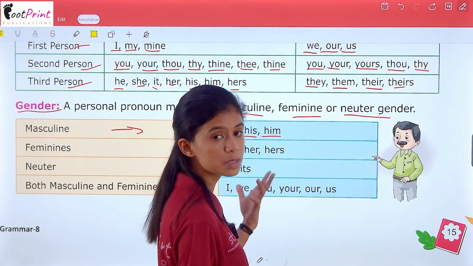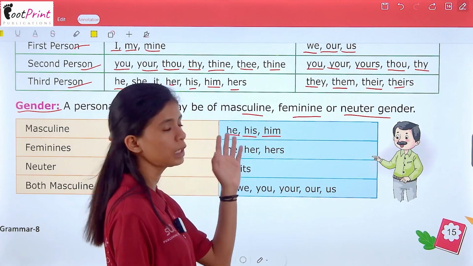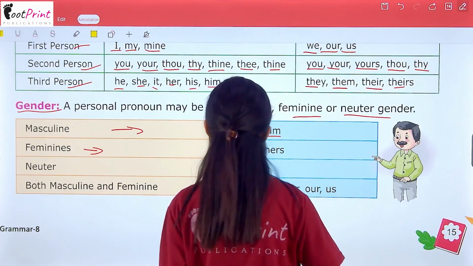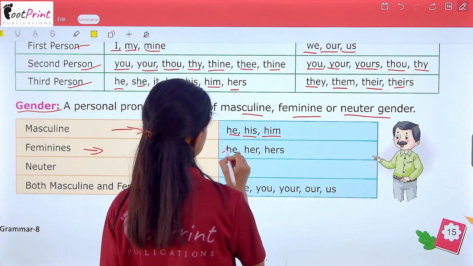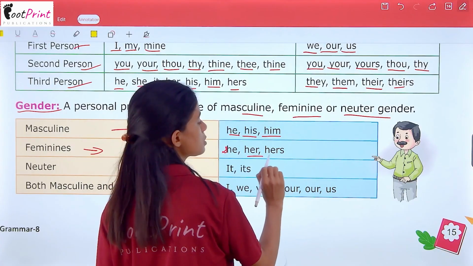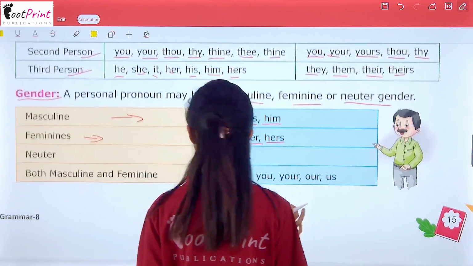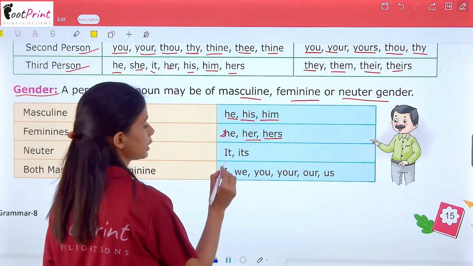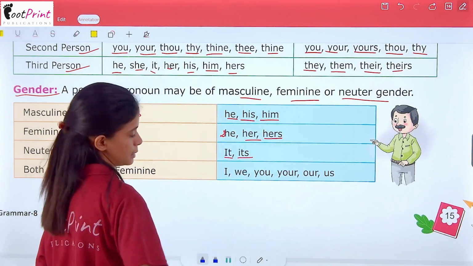The personal pronouns have gender also, and the masculine is he, his and him. In feminine, we have she, her and hers, okay? In neuter gender, we have it and its.